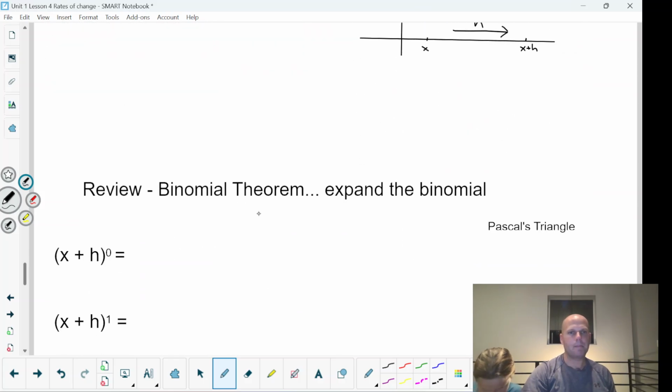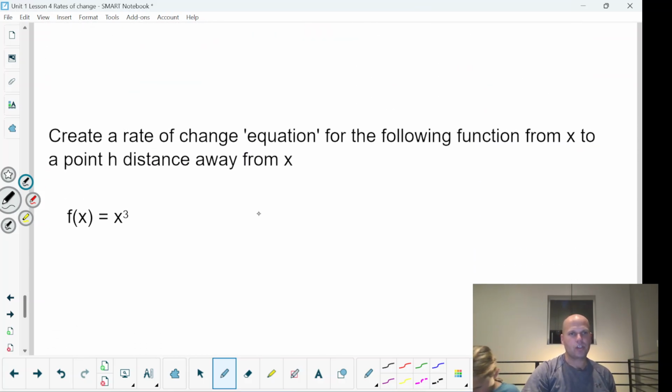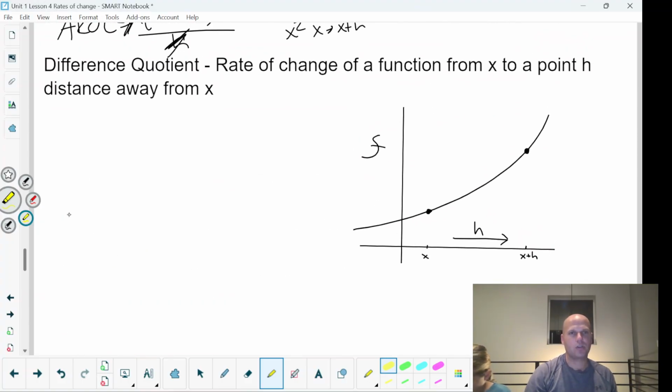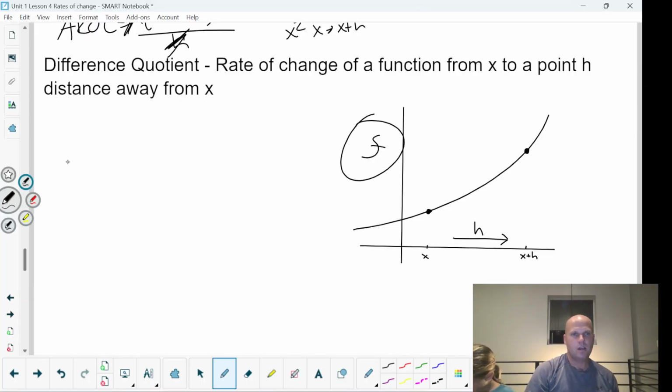But we're going to see very quickly that after x squared, they become pretty complicated to produce and very complicated to use. We're going to practice using it, and we are going to be comfortable with the idea of having a slope formula of any function between x and a point h distance away.